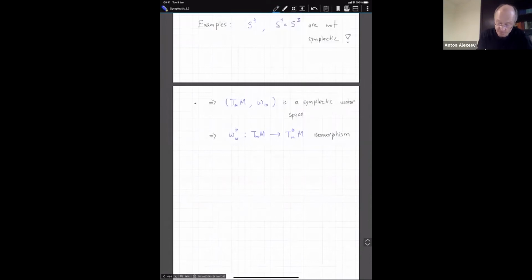Now we can actually do it at all points at once. This will define for us a map.